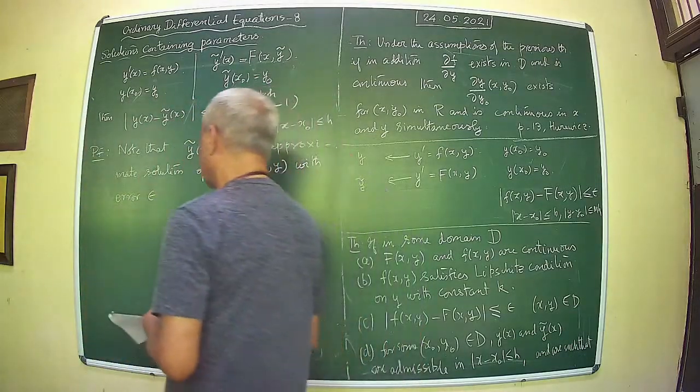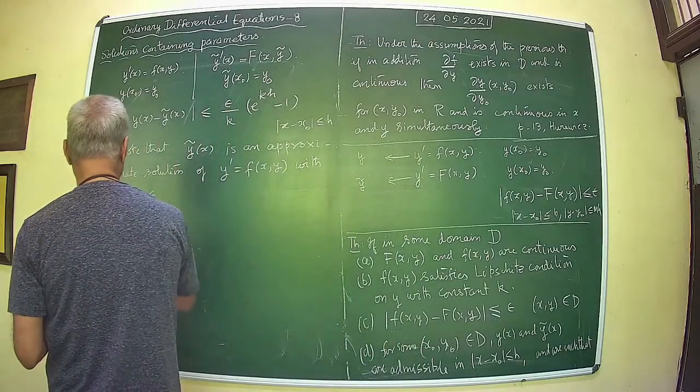Let us compute this. So what you have is d y tilde by dx.